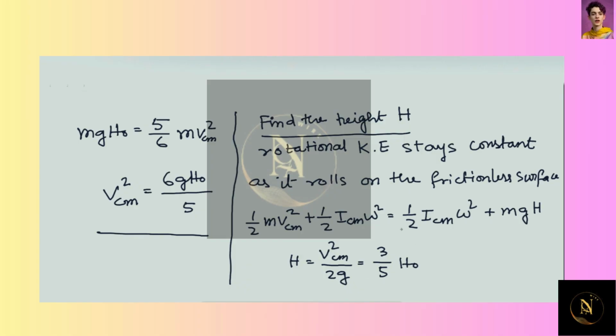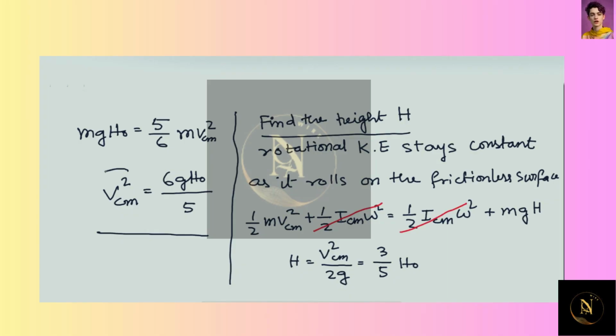So if the rotational part remains unchanged, we can get rid of it because it appears on both sides. From there we can see that height is equal to v_CM squared over 2g.